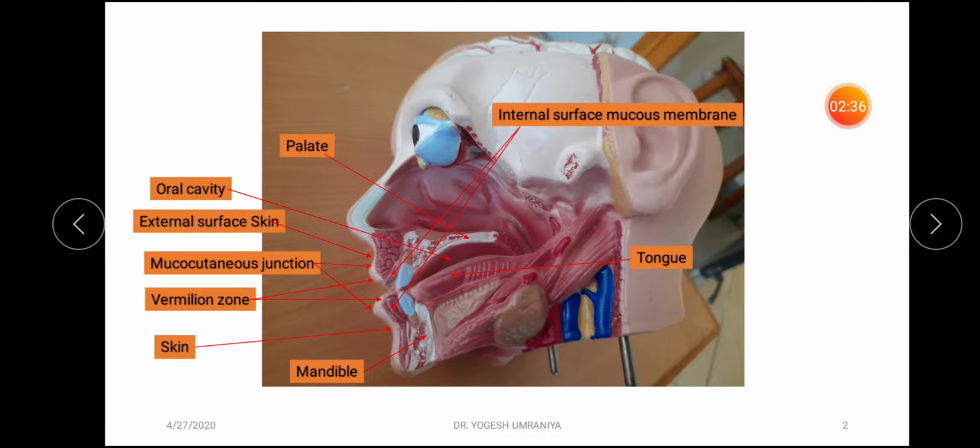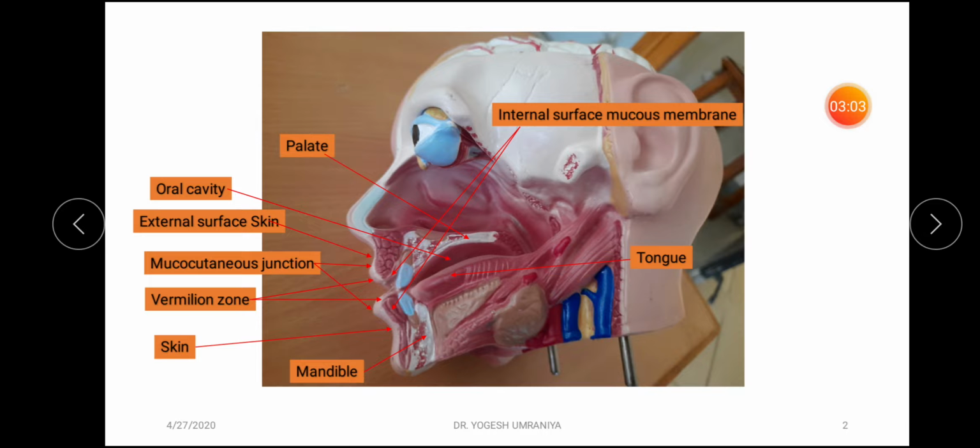Now we are moving towards the lip. Now in layman's language, in routine language, what we refer to as the lip differs from the definition of the anatomical lip. Normally what we refer to as the lip is the area where the lipstick or the lip balm is applied.